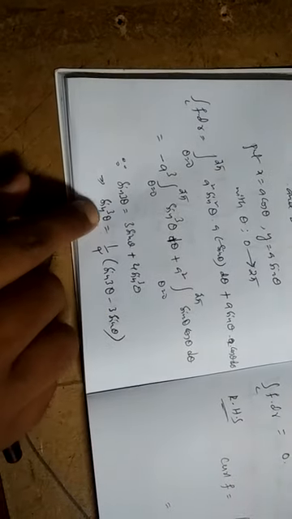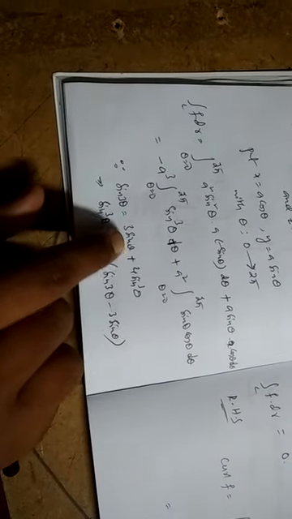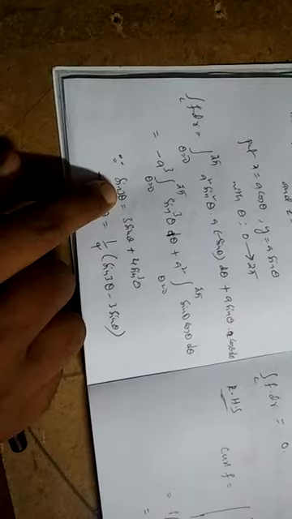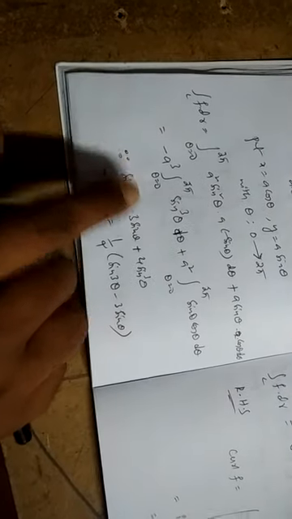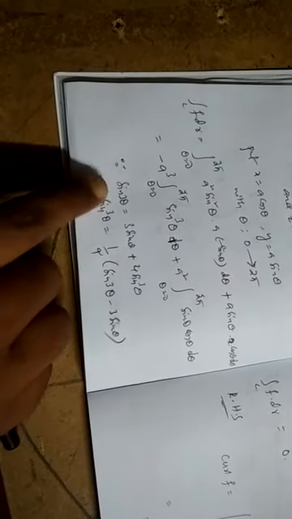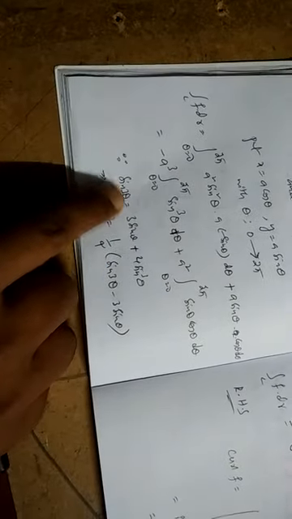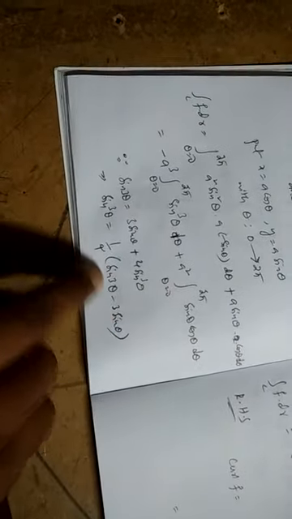From that, sin cubed theta equals one by four into sin 3 theta minus 3 sin theta. Now apply this formula here. For the other term, multiply and divide by 2, and 2 sin theta cos theta can be written as sin 2 theta.